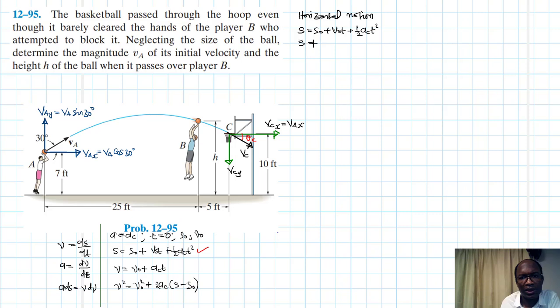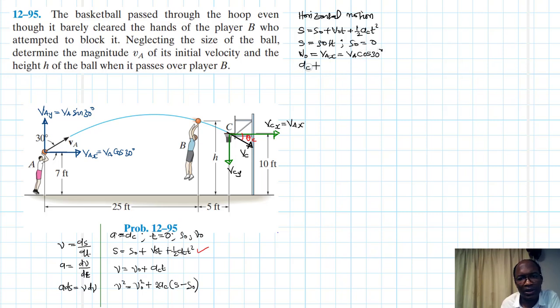So s is equal to 30 feet, s naught is equal to 0, and v naught is equal to VAX, which is just equal to VA cos 30.